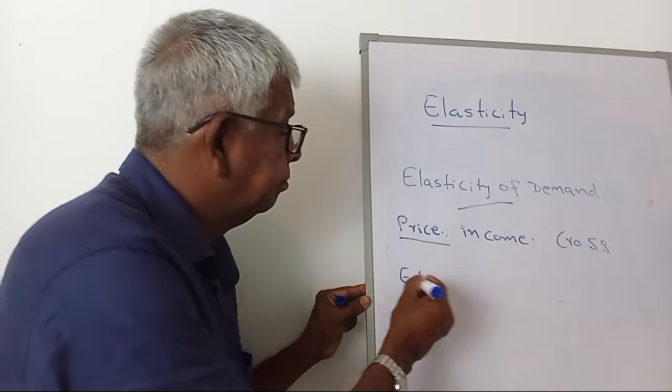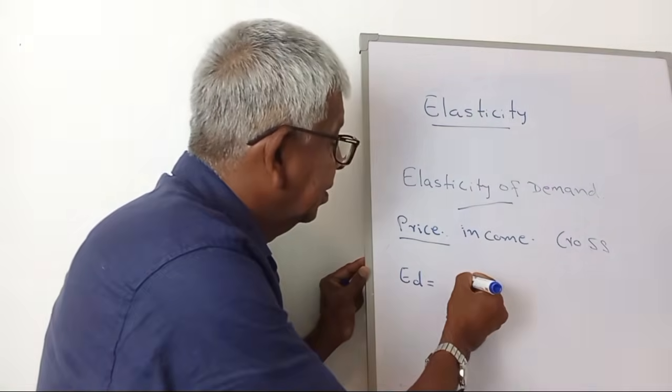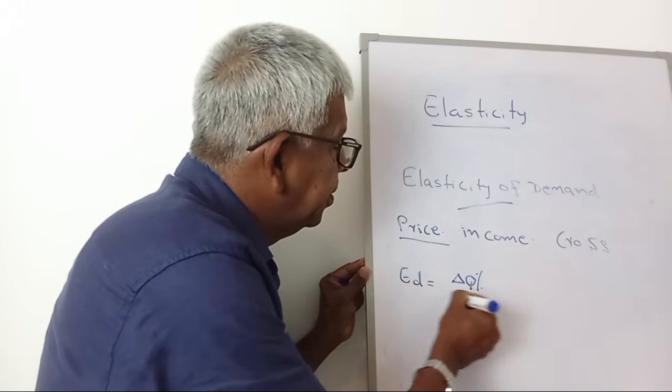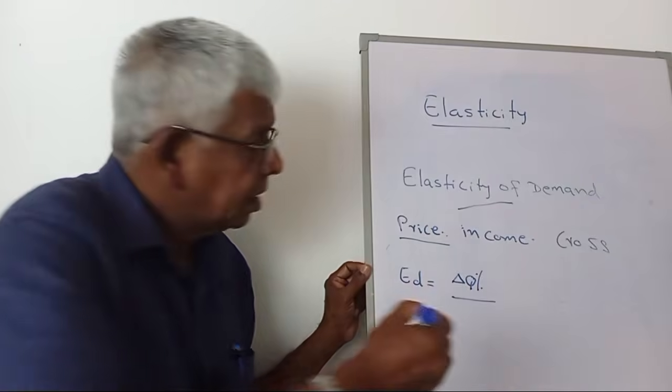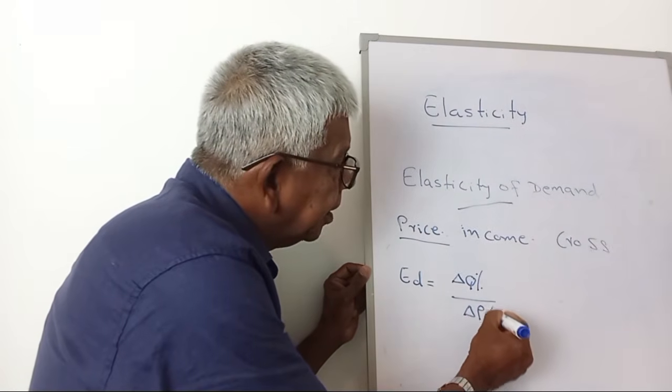Elasticity of demand equals delta Q percentage divided by delta P percentage.